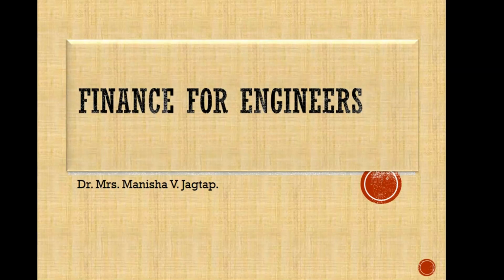As discussed in the previous unit, the financial statements, that is, the balance sheet, income statement, and the cash flow statement of a firm, are the most important financial reports, and these collectively represent the financial health of the firm.